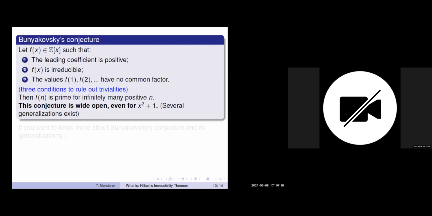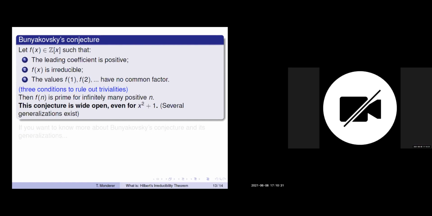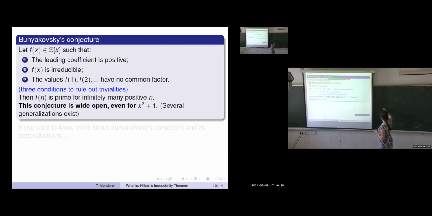I don't know off the top of my head, but I'll show you why we rule this out. We don't want a situation where we take, I don't know, 2x. If f1, f2, etc. have a common factor, then we get a bunch of noise.